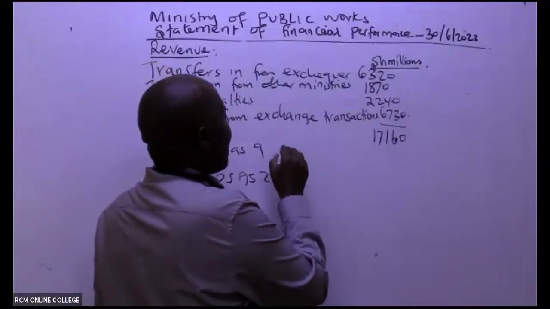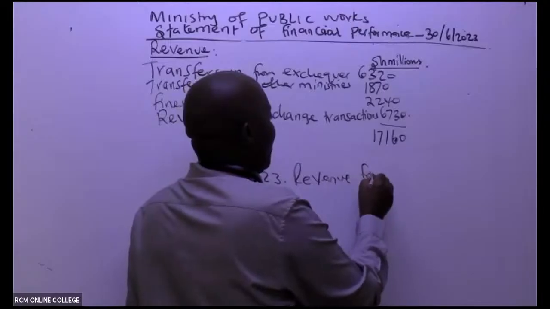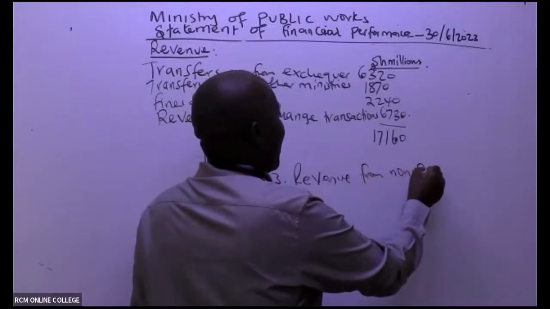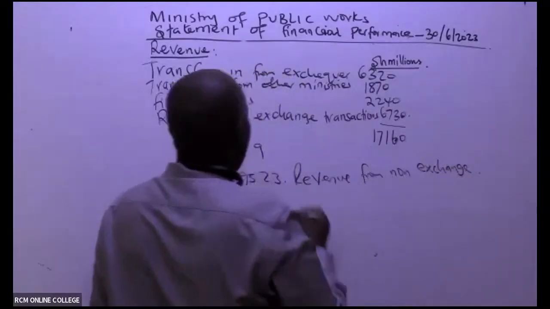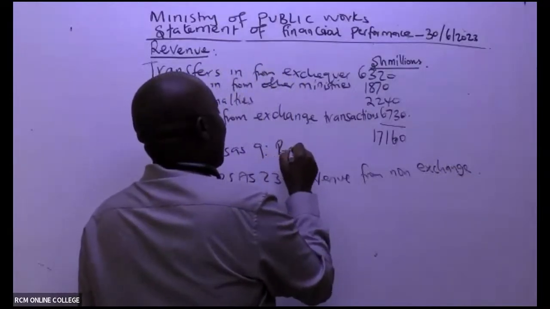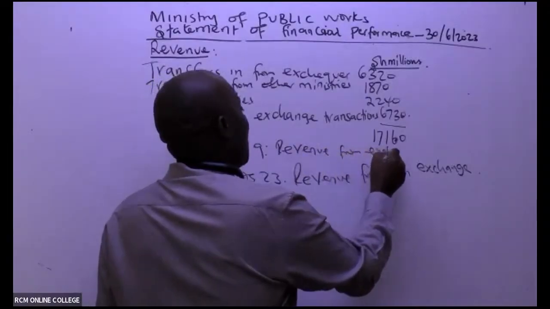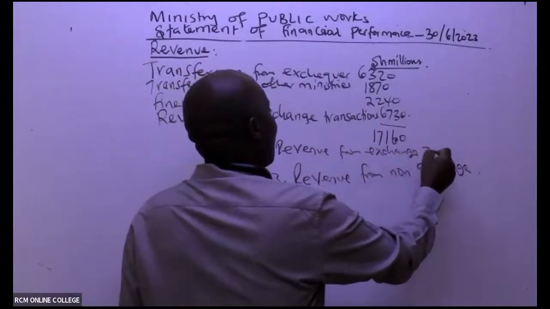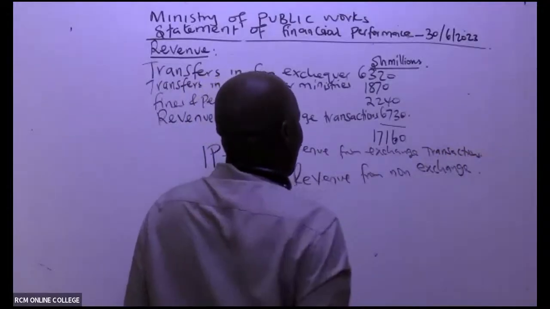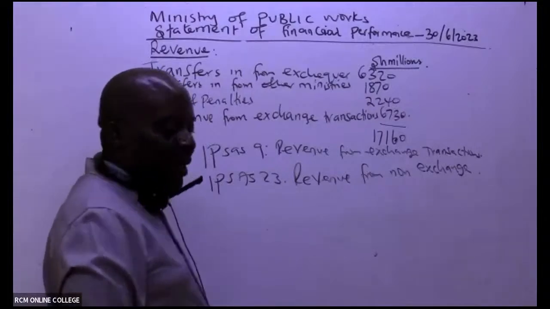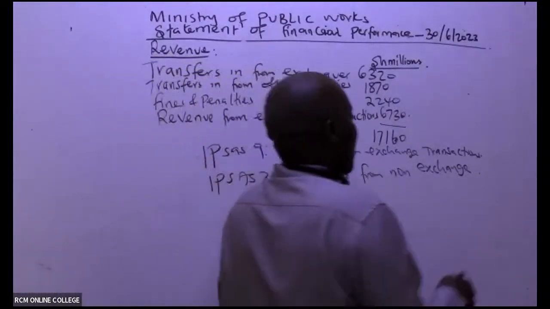IPSAS 23 is revenue from non-exchange transactions. And IPSAS 9 is revenue from exchange transactions.